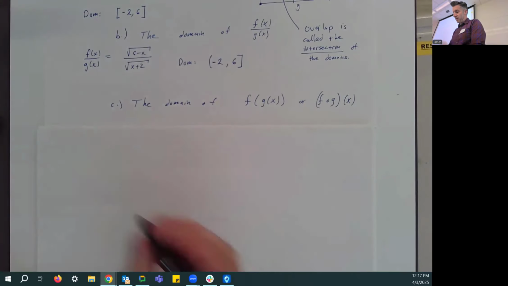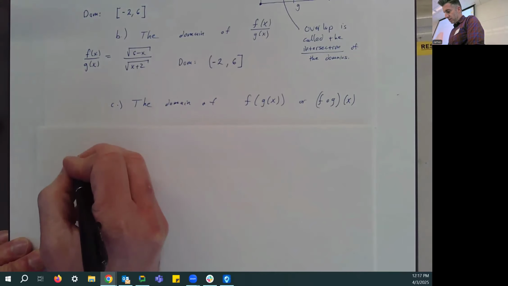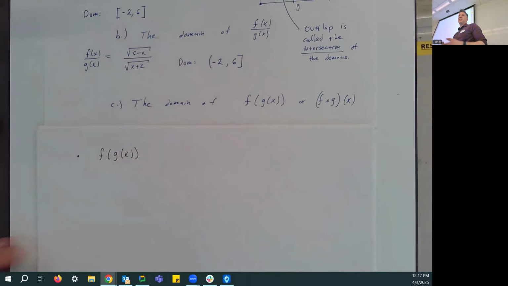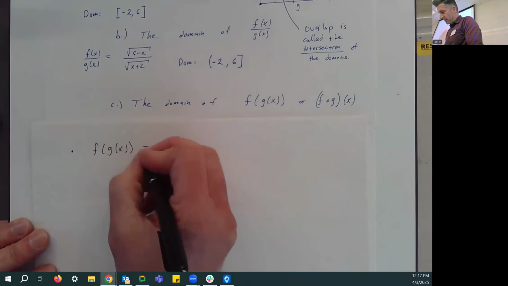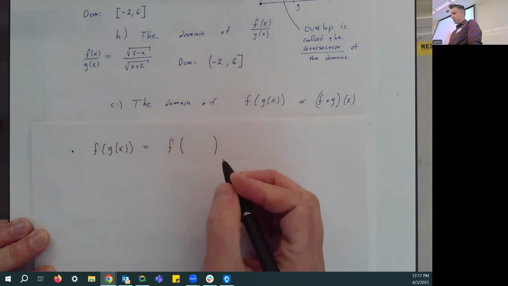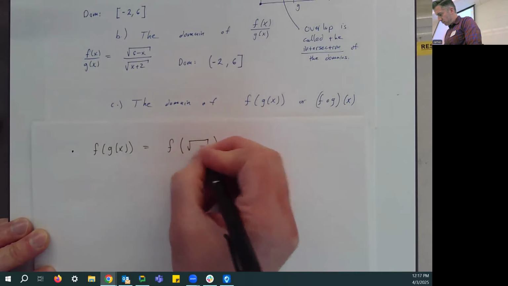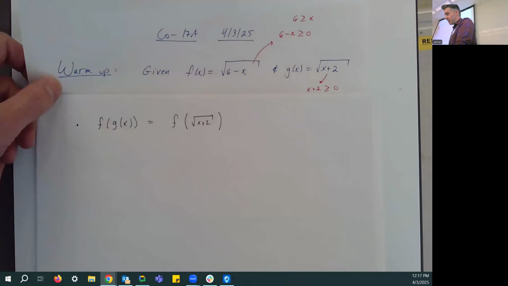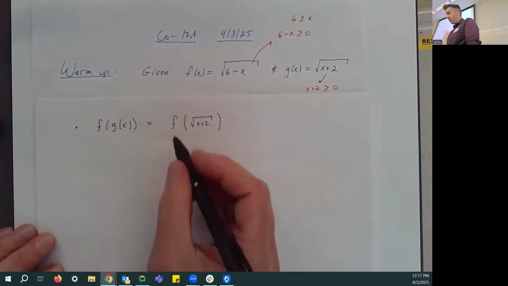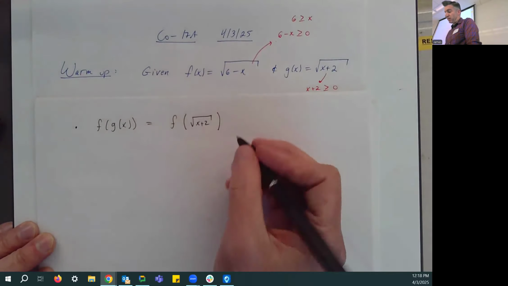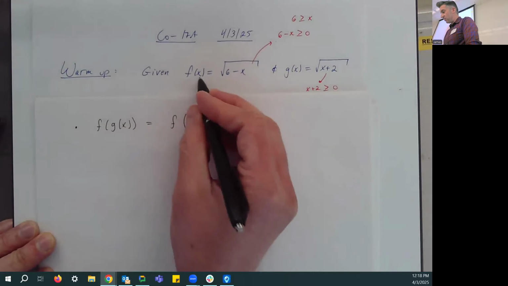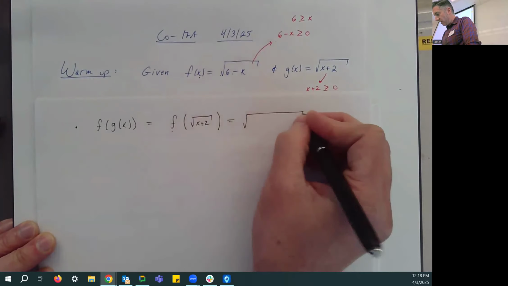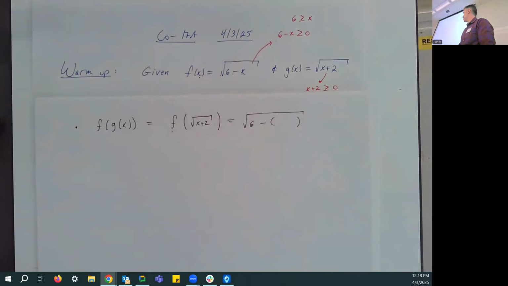So for the domain of f of g of x, let's actually write out what f of g of x is. I like to work from the inside out, but it doesn't really matter which way you do it. g of x is the square root of x plus 2, and f of x is the square root of 6 minus x. When I have f of something that's not just x, I know f of x is the square root of 6 minus x, so f of something else is the square root of 6 minus whatever's in the parentheses.